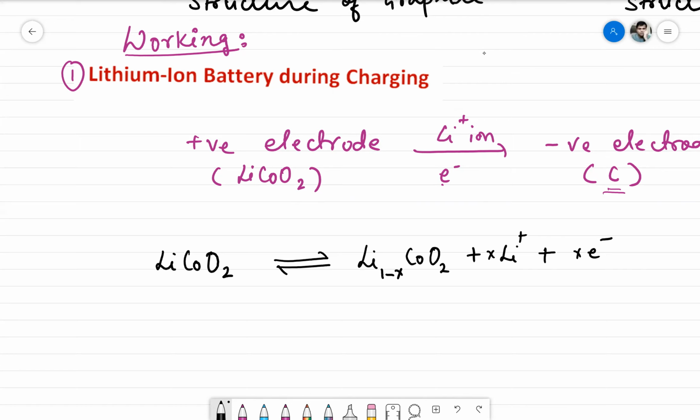Lithium ions migrate through the electrolyte, and electrons through the external circuit.